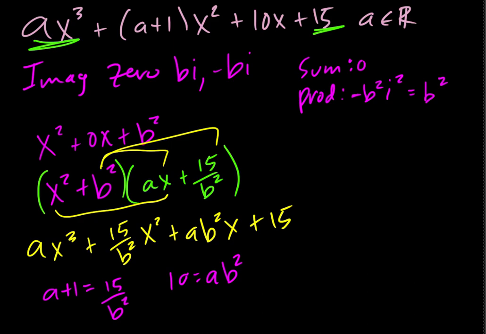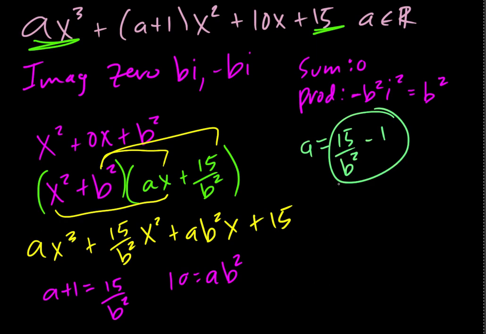Now we just need to solve for a. I'm trying to think if there's something other than substitution. Maybe not. So I'm just going to subtract 1 over here. So I have a equals 15 over b squared minus 1. I'm going to plug all that in for this a.